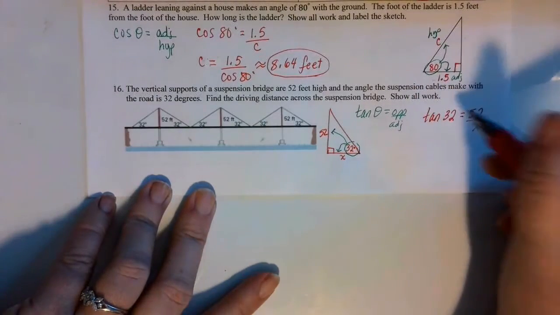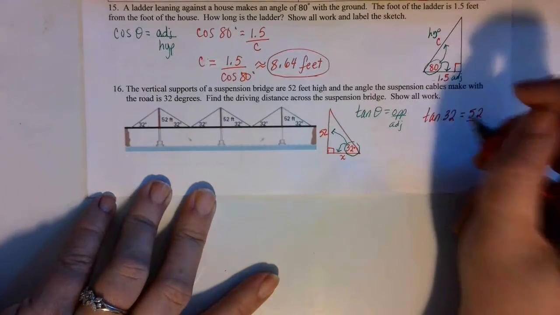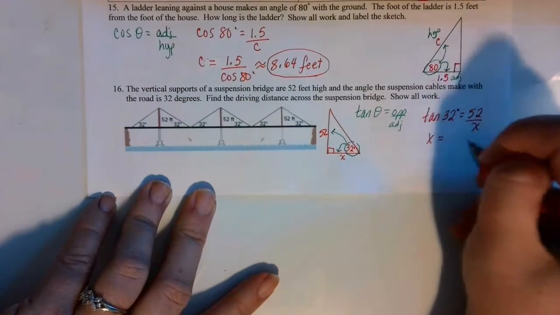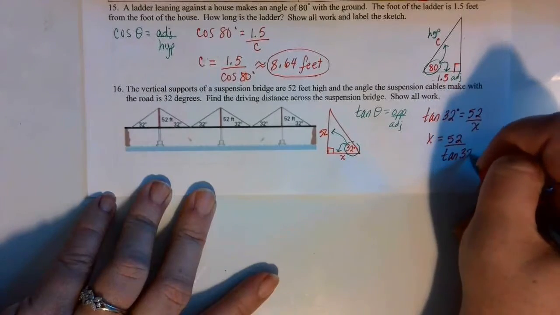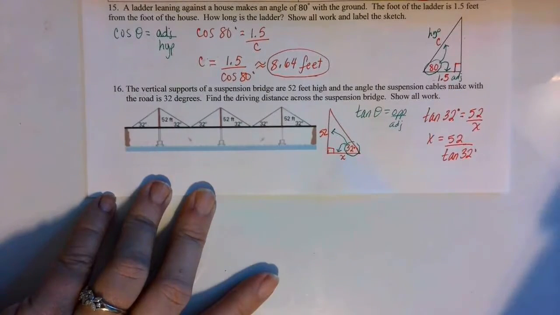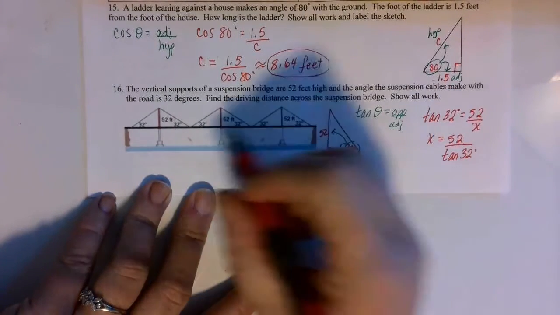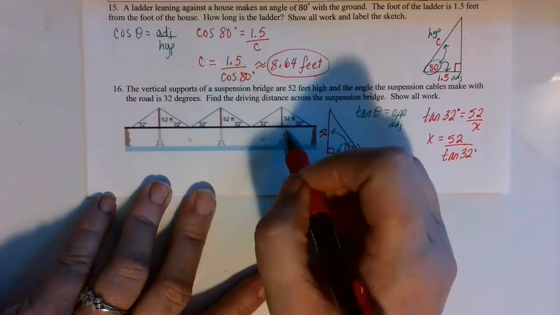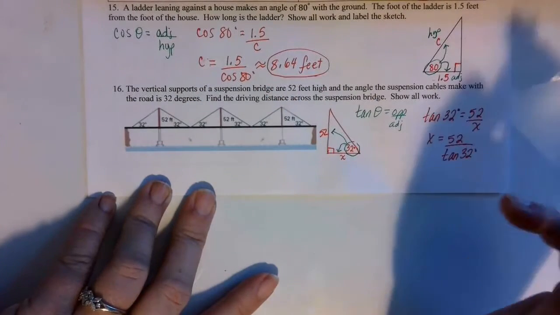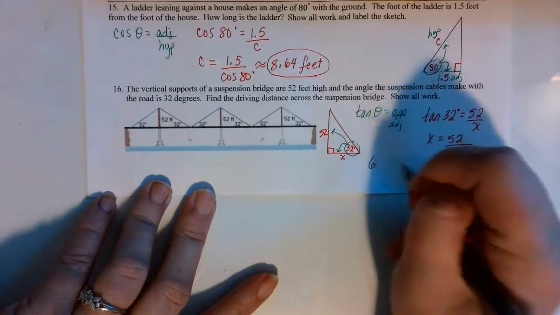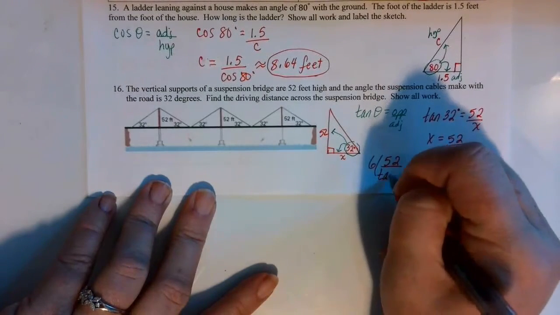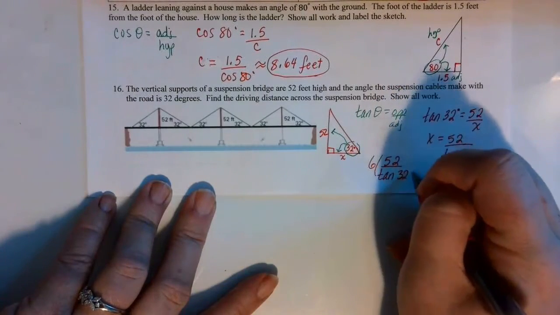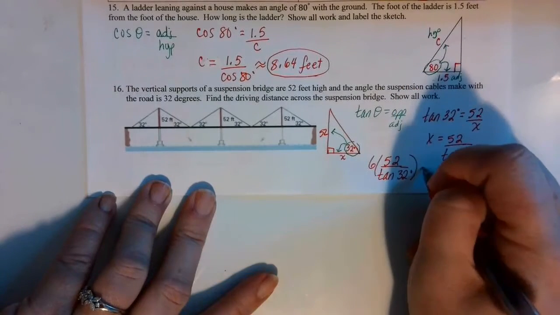I cross multiply and divide by the tangent of 32 degrees, and x is equal to 52 over tangent of 32 degrees. Since there are 6 of these triangles going from one end of the river to the other, I need to multiply that by 6. So 6 times 52 divided by tangent of 32 degrees.